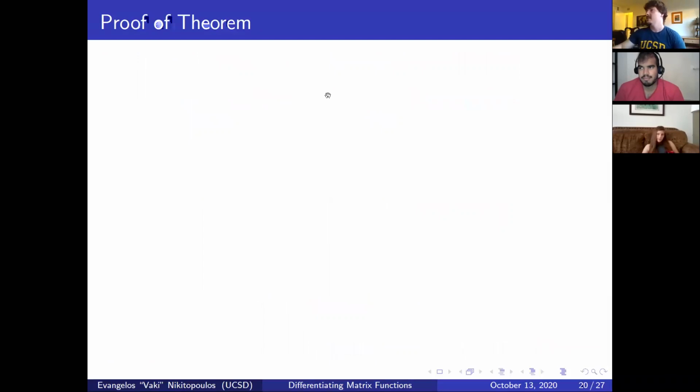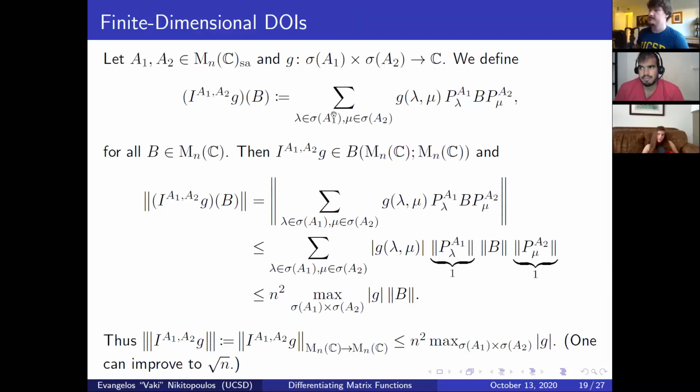So just out of curiosity, Vaki, can you mention roughly where you get the savings from here? Yeah, this is an operator norm estimate. Already with the operator norm estimate, you can improve it to n by first doing functional calculus in the A1 variable, which gets rid of a whole n.